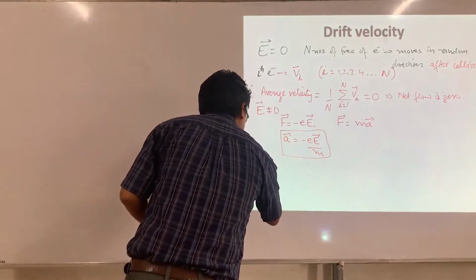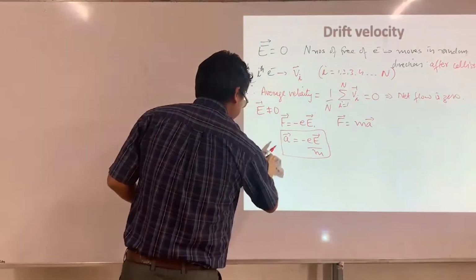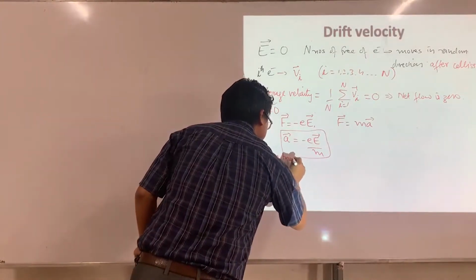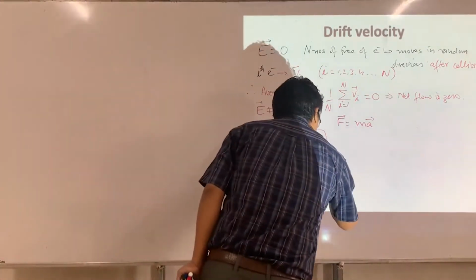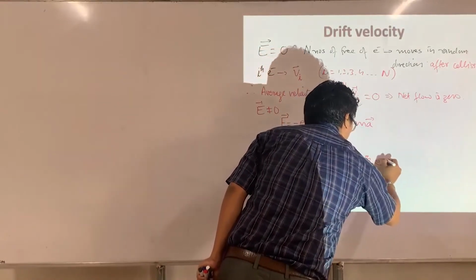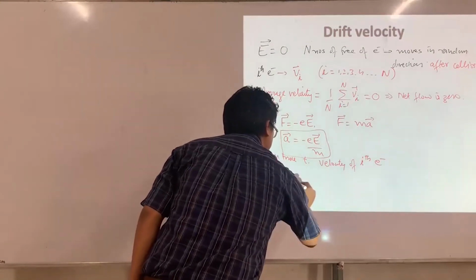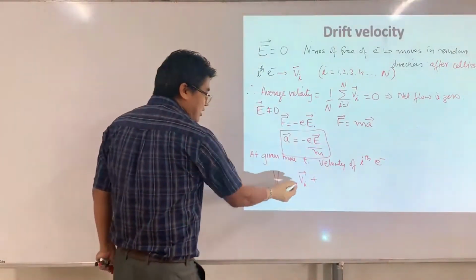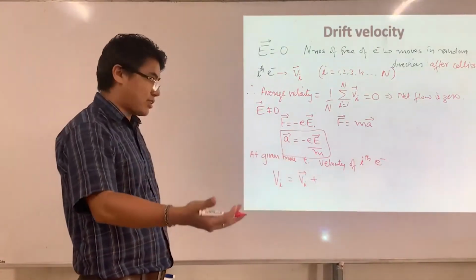So I just say that at a given time t, the velocity of the ith electron would be this. This is the velocity immediately after collisions, that is the same velocity.